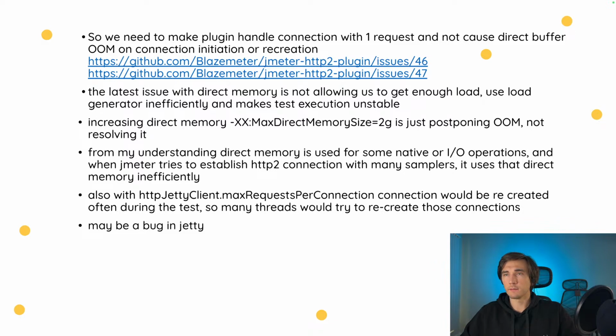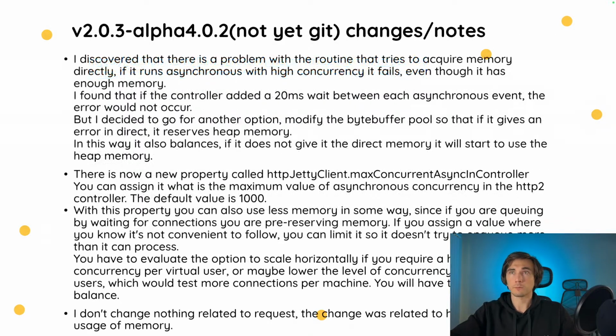What David tried to do, in version 4.0.2, is the following. By default, Jetty tried to use direct memory for all this connection negotiation.